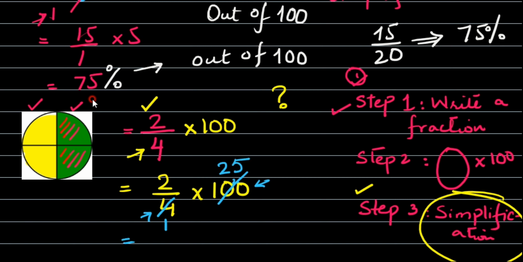And what is left? 2 into 25, so it means 50. 50 what? 50%. Remember that. 50% means 50 out of 100. So this is how we can easily find the percentage of any given shape or the percentage of the marks we scored.